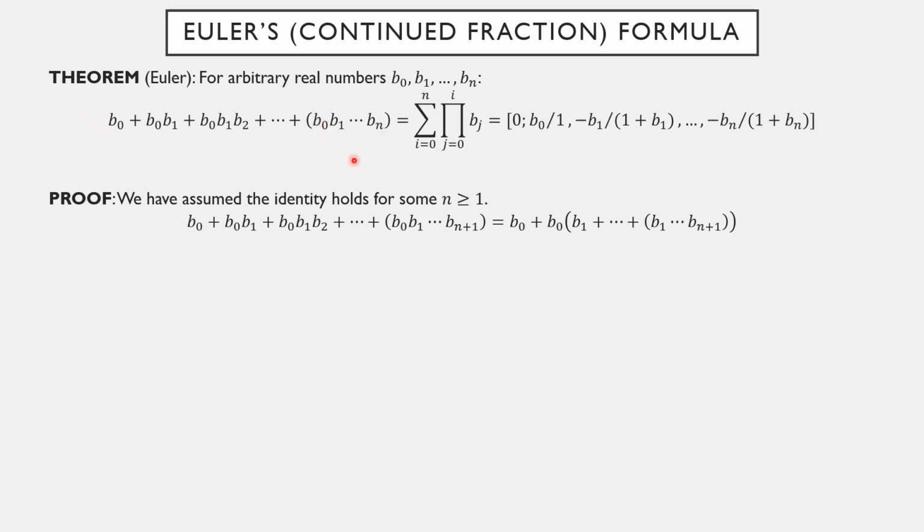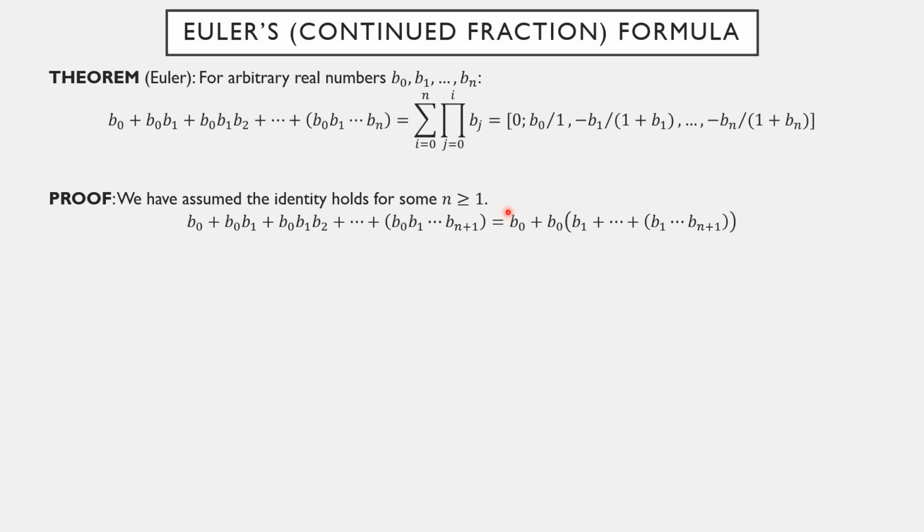So we have n plus 1 terms in the sum here, will be represented as this generalized continued fraction. We've assumed that this holds for any collection of numbers ending at some index n larger than or equal to 1. Now let's look at what happens when we end at index n plus 1.